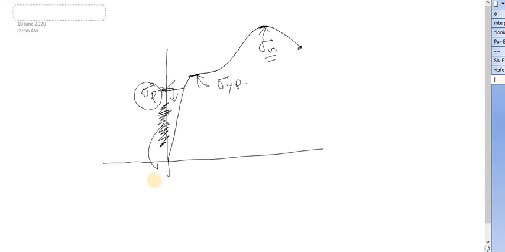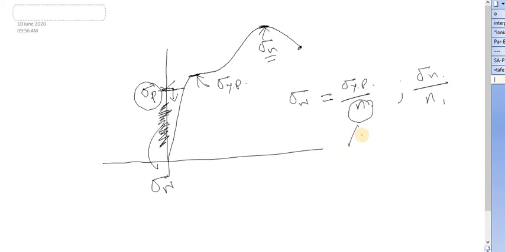What we say, this is the working zone. So to find sigma working or safe, we simply divide this yield point by a factor, or this ultimate strength by a factor. And what is this factor known as? You know, this is known as your factor of safety.